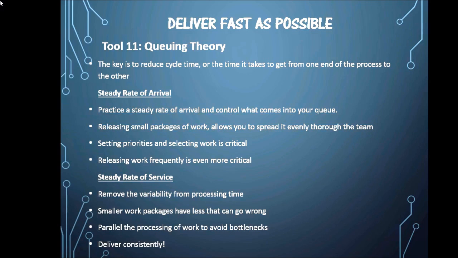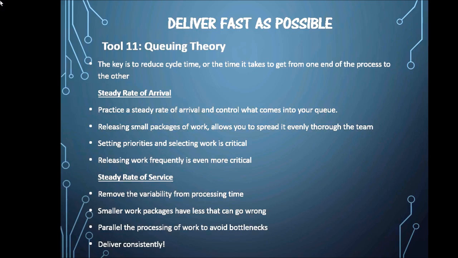Practice a steady rate of arrival and control what comes into your queue. Releasing small packages of work allows you to spread it evenly through the team. Setting priorities and selecting work is critical. Releasing frequently is even more critical.